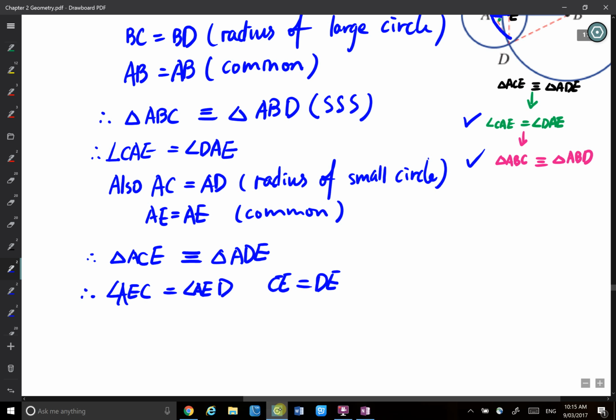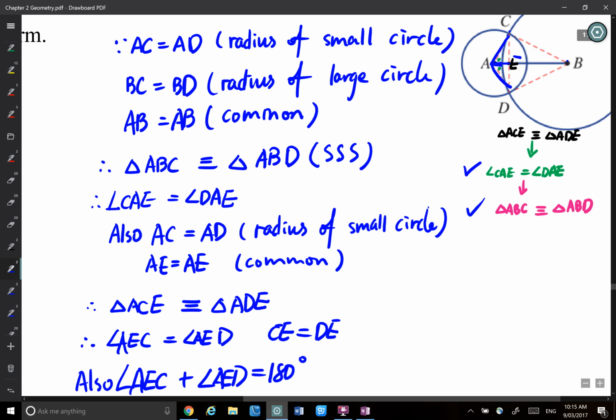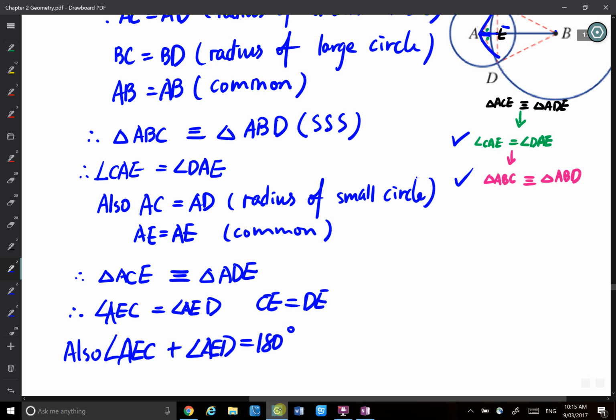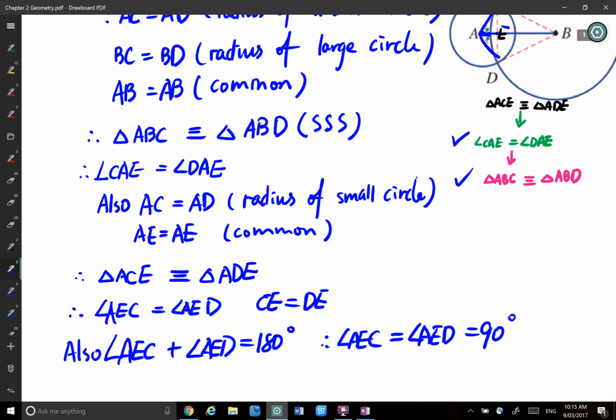Also, angle AEC plus angle AED equals 180 degrees, because it's a straight line. So angle AEC equals angle AED equals 90 degrees. Two equal angles add up to 180, so each angle needs to be 90 degrees.